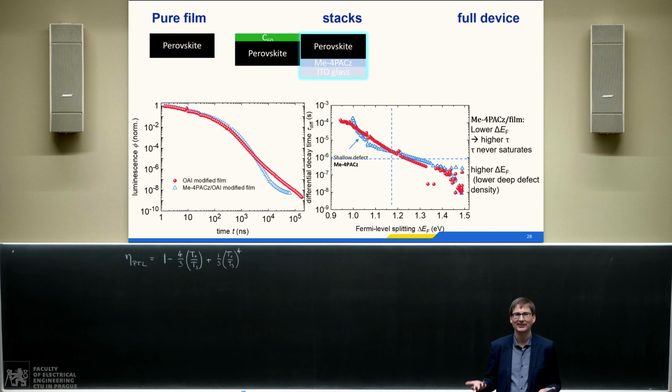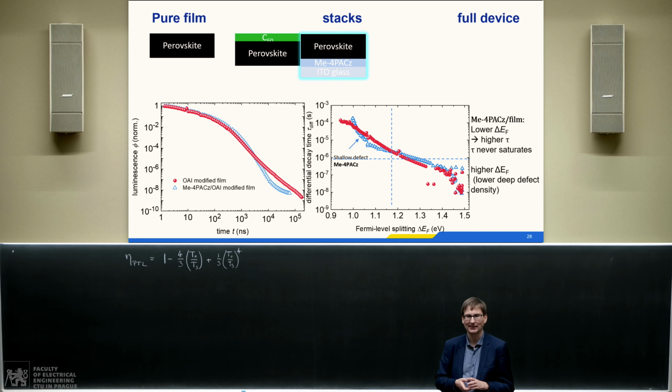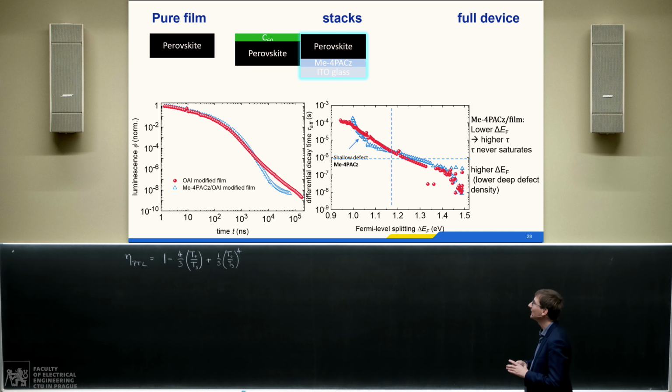We need the intrinsic carrier density, right? We need to know what the n_i squared is, essentially. So we need density of states and band gap and stuff like that. But if we assume that this is approximately correct, then from the knowledge of your initial carrier concentration, you get this first point here.